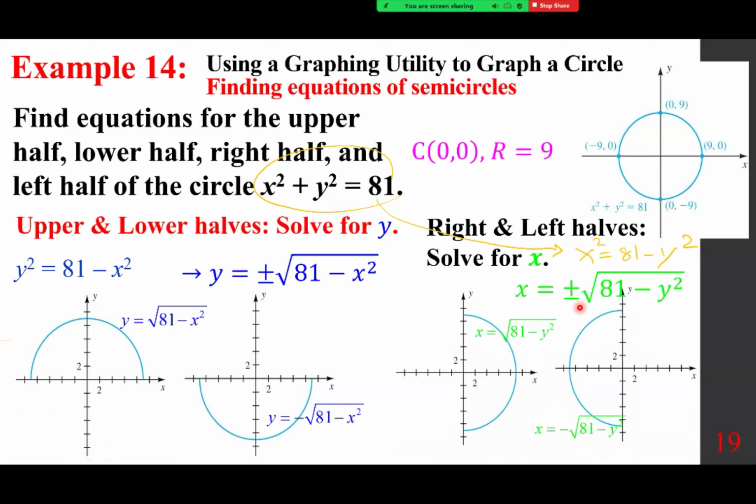So a quick recap. This is the equation of a circle, x squared plus y squared equals 81. You solve for x, you get the right and left half. You solve for y, you get the top and the bottom half, the formulas for it. And these two are functions, these two are not.